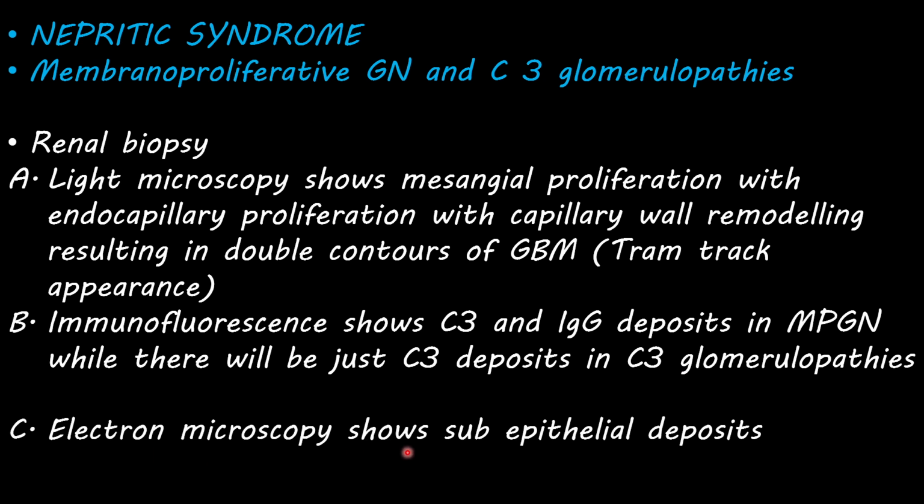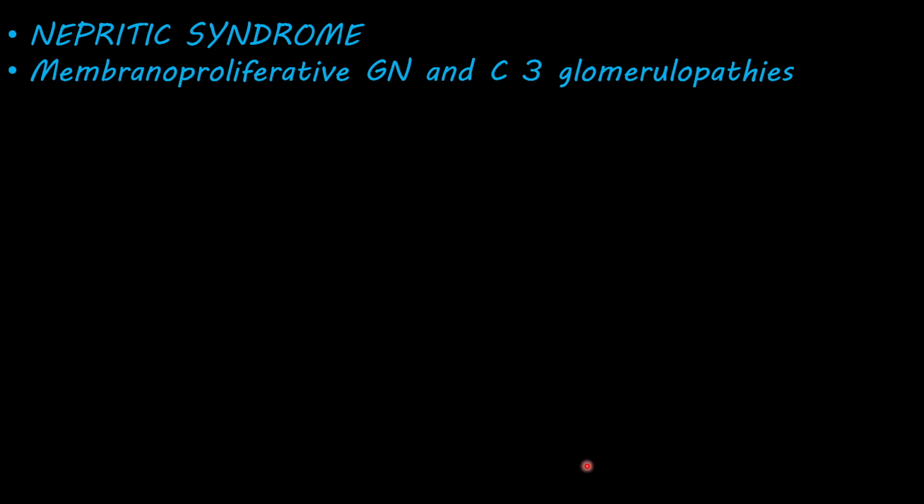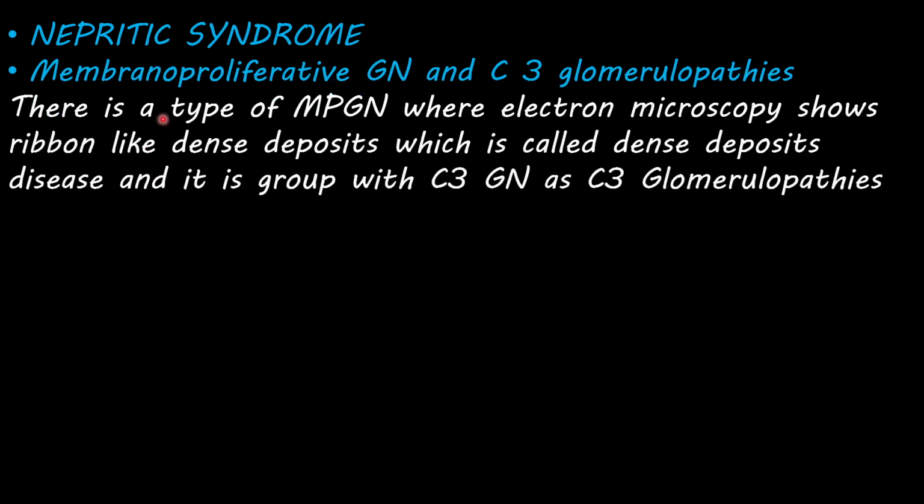Electron microscopy will show subepithelial deposits. There is a type of membranoproliferative glomerulonephritis where electron microscopy shows ribbon-like dense deposit, which is called dense deposit disease, and it is usually grouped with C3 glomerulonephritis.